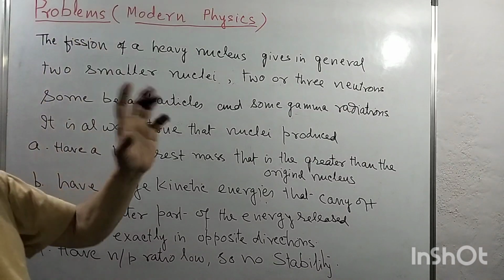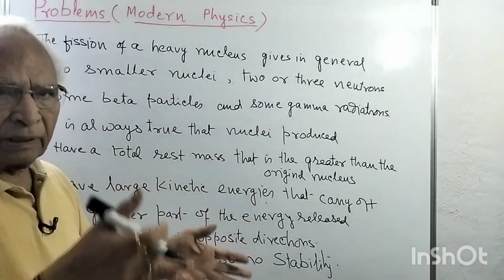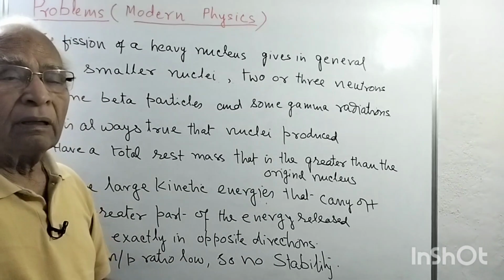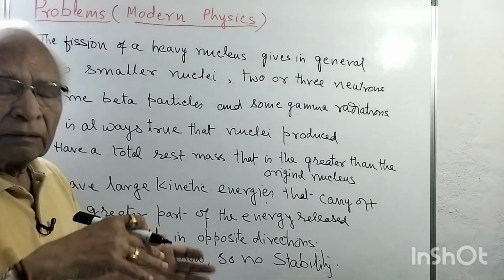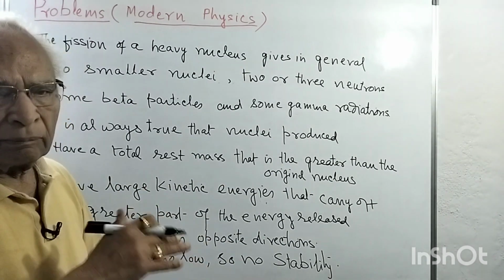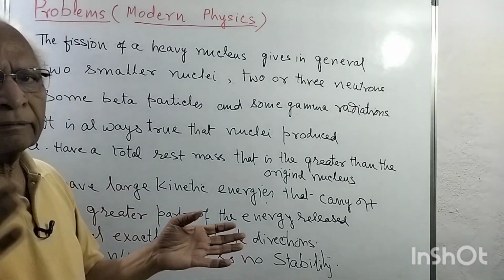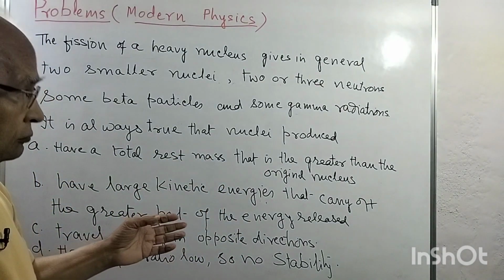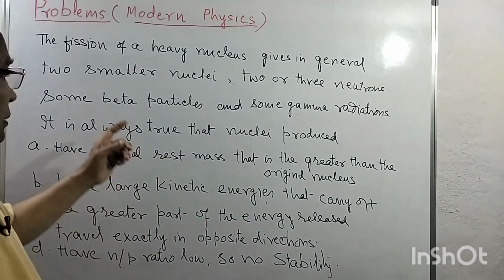You know the fission of uranium, we get 2 medium weight fragments, like iron, middle weight, around 56 and 70, 60 like that.